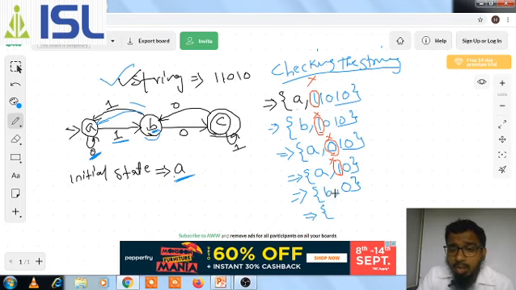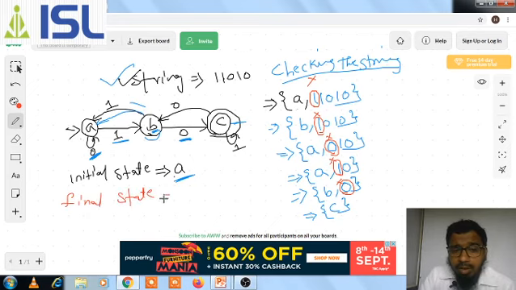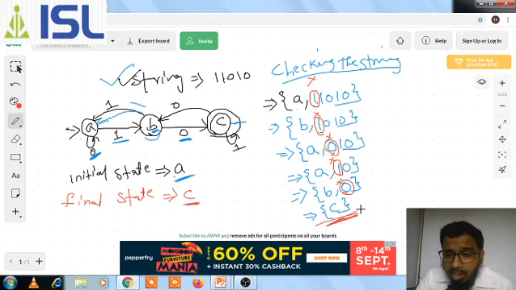Now the next one is B comma 0. If B is 0, where is it going? Going to C here. So write the C and check the remaining string. We don't have any remaining string, so bracket close. This also needs to be removed. So what is our final state? It is C. So what answer are we getting here?